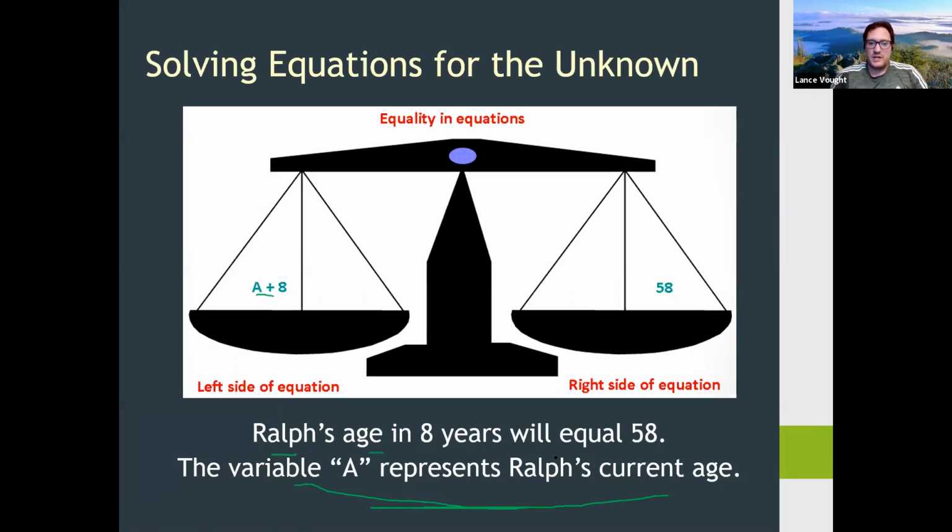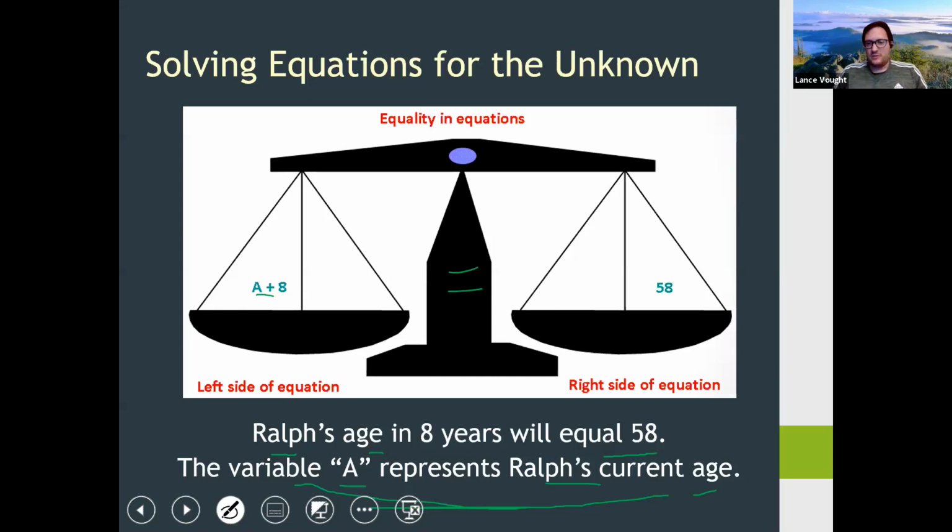Ralph's age in 8 years will be 58. The variable A represents Ralph's age. So we want to figure out what Ralph's age is. Well, if Ralph's age in 8 years is 58, that means on one side we have 58, and this needs to be equal so they're not out of balance.